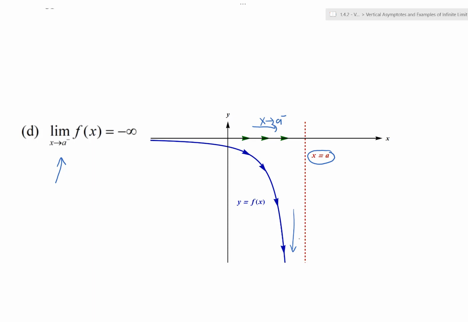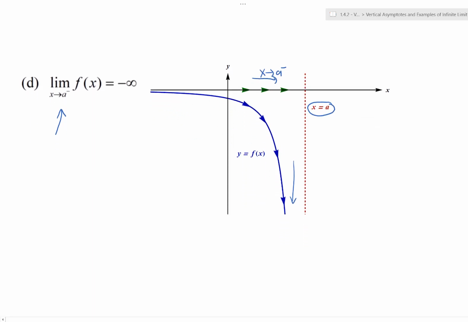In other words, in summary, if x approaches a from the left or the right, and in either direction the function is blowing up towards infinity or negative infinity, then the function f of x has a vertical asymptote x equals a, the vertical line x is a. So that's how we define it. Those are the different situations. Multiple situations can happen at once. Let's take a look at a few examples to wrap up the video.